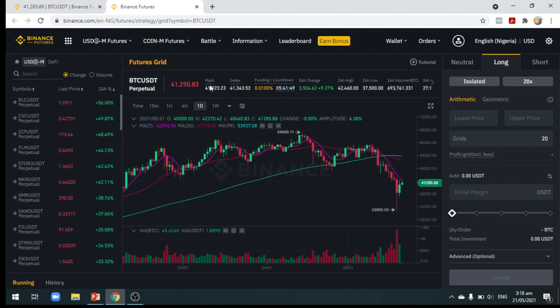So you have different buy positions, and at the same time you have different corresponding sell positions so that you're able to trade within a particular interval, so that as the price is rising and dropping within that range, you're buying and selling within that particular range. So that is the use of grid trading. You can take either long or short positions with grid trading.